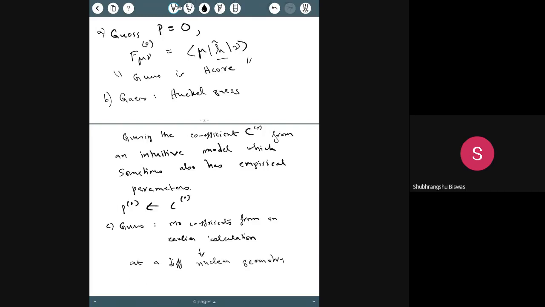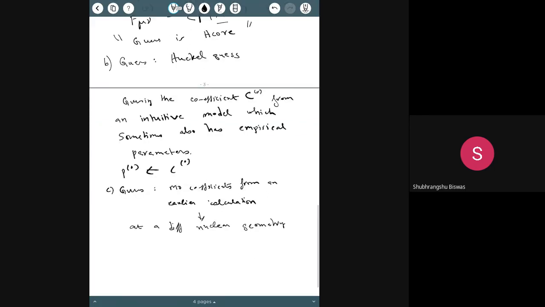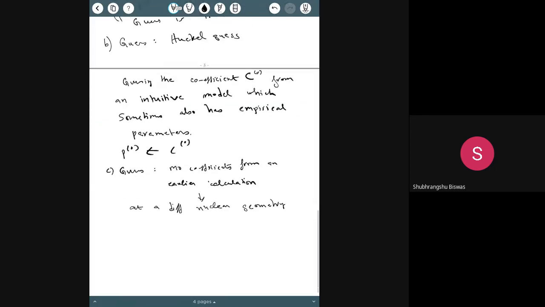You can use the MO from that as a guess for a new geometry. You can also guess it from a calculation in a different basis set. Now, this may look a bit counterintuitive because if you have a different basis set, then the atomic orbitals you are referring to are already different.